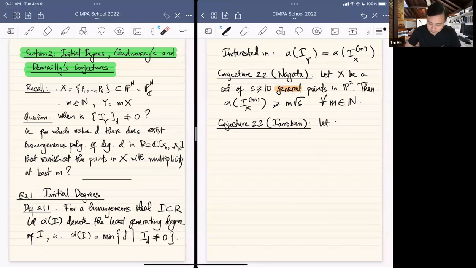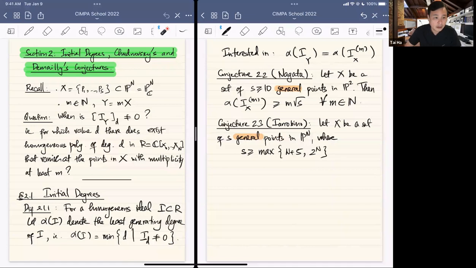Let X be a set of S general points in Pn, where S is at least the max of n plus 5 and 2 to the n.